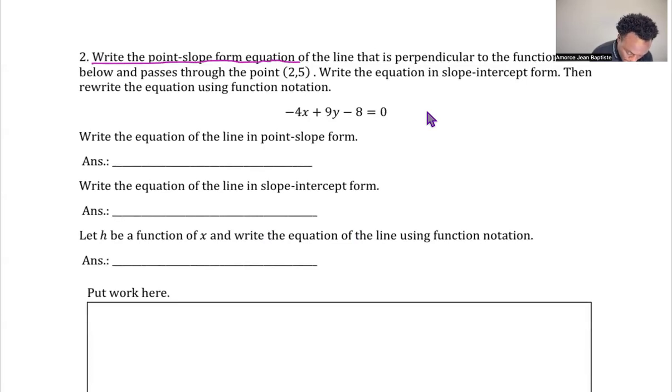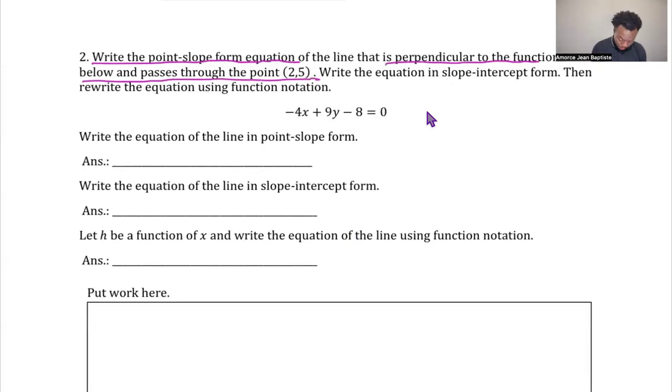Write the point slope form equation of the line perpendicular to the function. Okay, write the point slope form equation of the line that is perpendicular to the function below and passes through 2, 5.